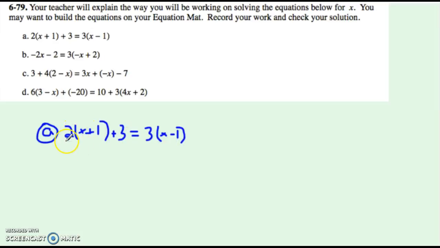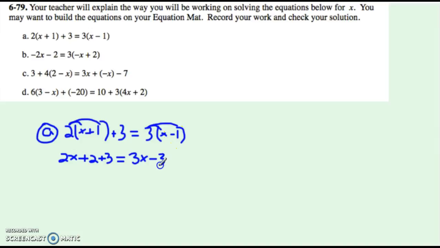So 2 times x, because I have to distribute the 2 onto both things inside the parentheses, is 2x plus 2 times 1 is 2, plus 3, equals, I have to do the distributive property here also, 3 times x and 3 times 1. So 3 times x is 3x. And then I have to keep the same sign in between the 2 numbers, so I have to minus. 3 times 1 is 3.